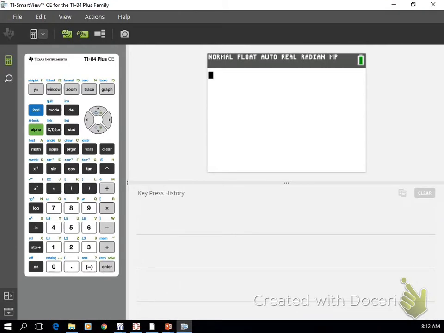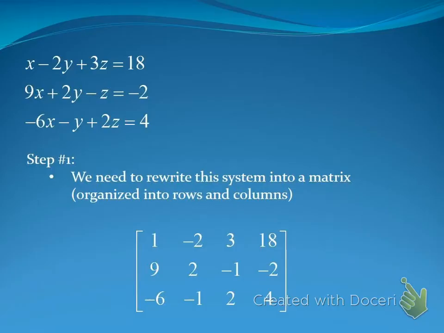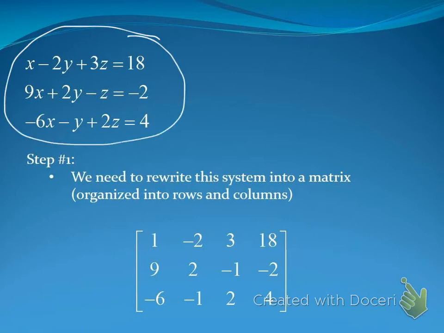All right, we want to solve that first equation, this guy right here. What we're going to do is create what's called a matrix. A matrix is just a way to organize numbers into rows and columns, and it's going to end up looking like this. The matrix has dimensions.